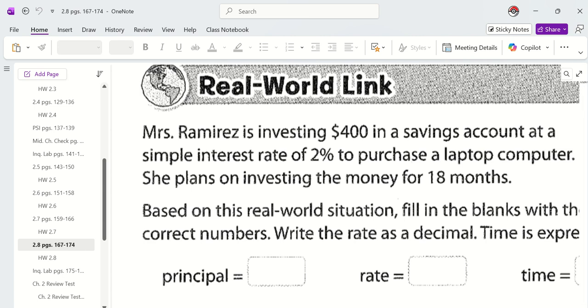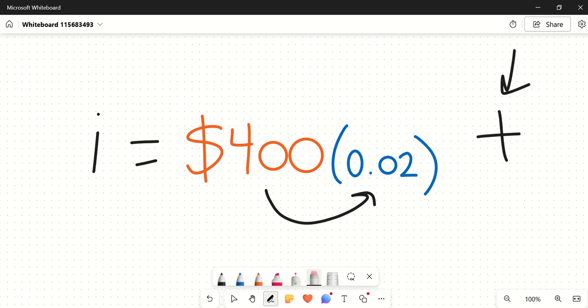And this is where we have to think critically on our math. How many months are in a year, ladies and gentlemen? So 12 months is a year. She's leaving it in for 18 months, right? So the reason why I set it up as a fraction is because not always is it going to be this simple, okay?